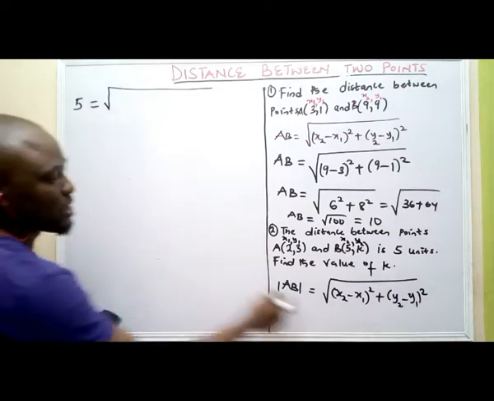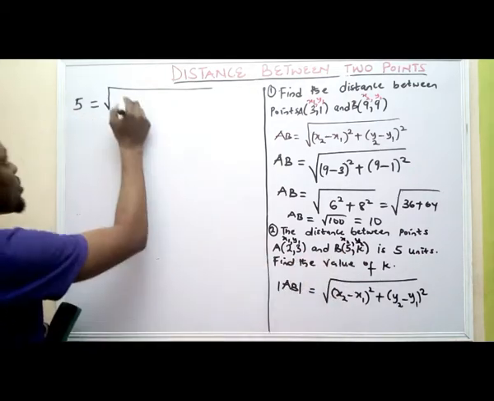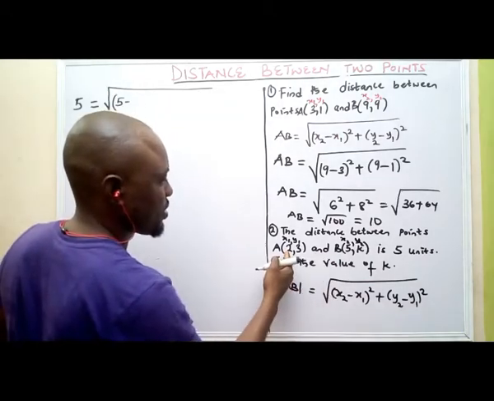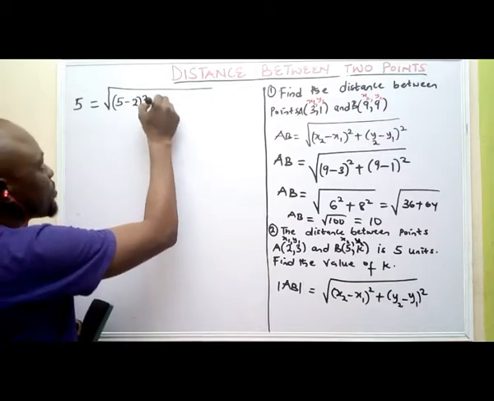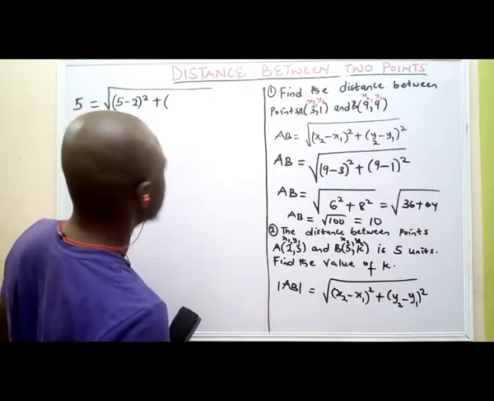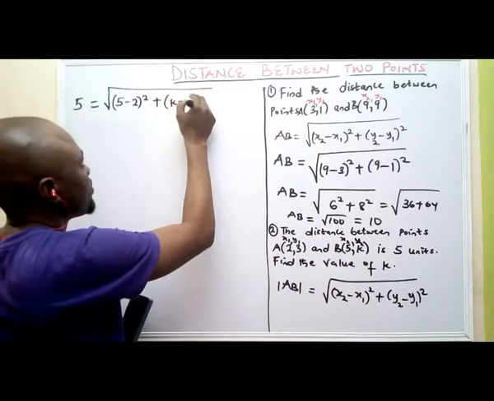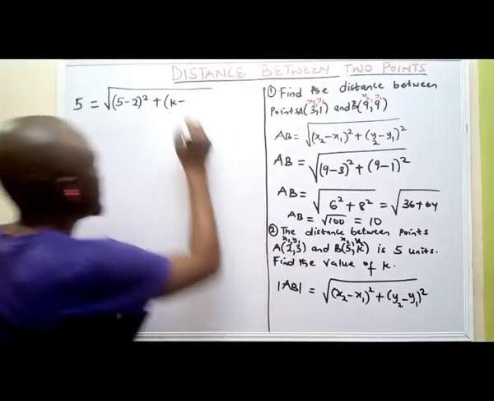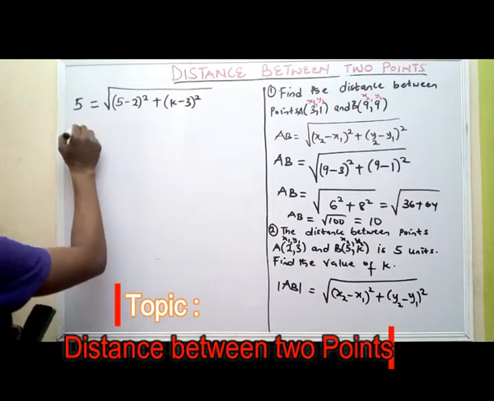So I'm going to plug in all of this value. X sub 2 is 5. So I'm going to plug in 5 minus x sub 1 is 2. I'm going to put in 2 here, all squared plus y sub 2 is k minus y sub 1 is 3, all squared.